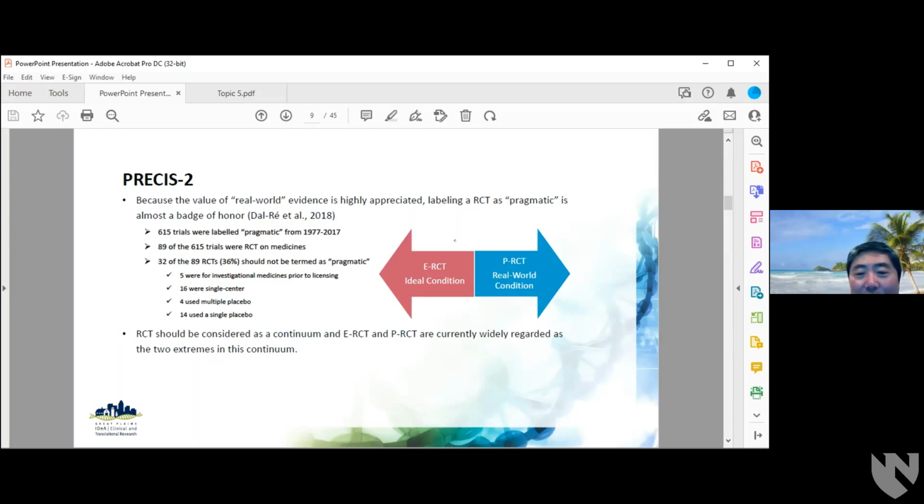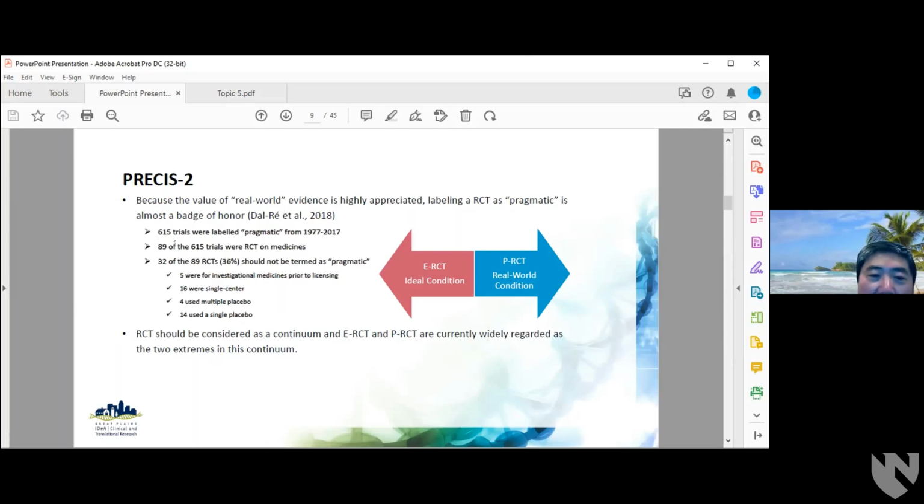Nowadays people would love to label an RCT as pragmatic. That's kind of a badge of honor in some way. People did a survey covering 1977 to 40 years later, and they summarized that 615 trials were labeled pragmatic.